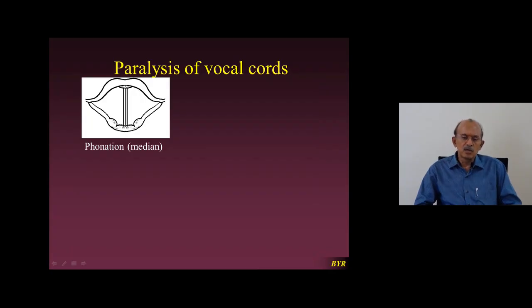This is just to illustrate to you the paralysis of vocal cords, how they manifest. Already probably you must have learned in your ENT. This is the median position, when both vocal cords are in the midline during phonation.